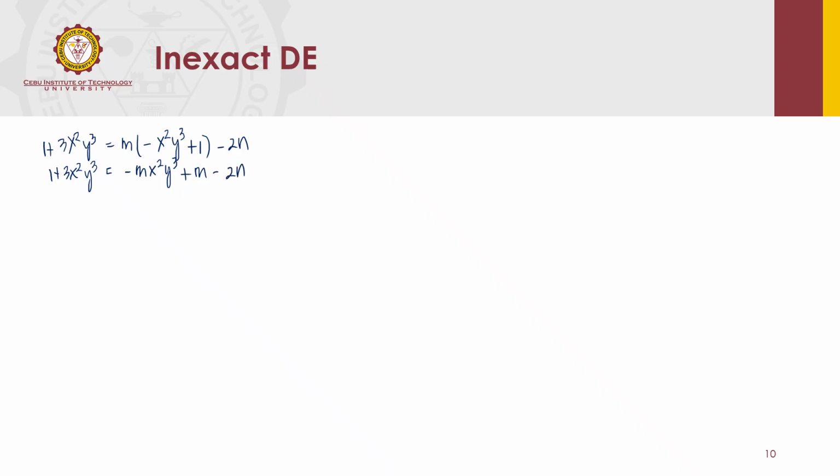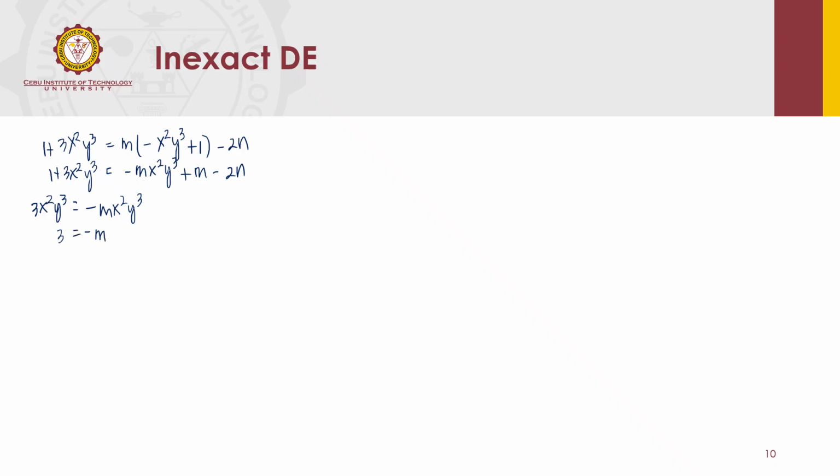As you can see, we also have here an x squared y cubed term, same as this one, meaning these two are equal. So the 3x squared y cubed on the left side is equal to the x squared y cubed term on the right side, meaning 3 here is equal to negative m.